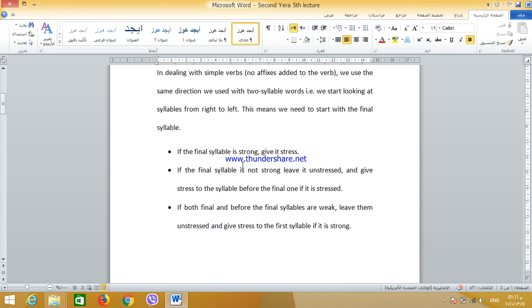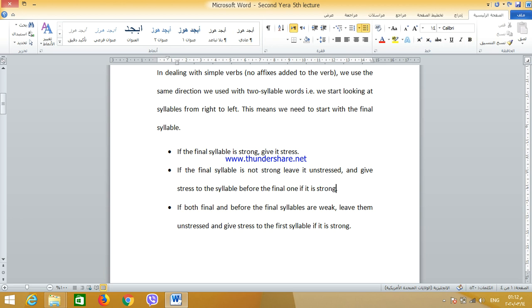So generally, the rule says, sorry, if the final syllable is strong, give it stress. But what if the final syllable is not strong? If the final syllable is not strong, leave it unstressed and give stress to the syllable before the final one, if it is strong.